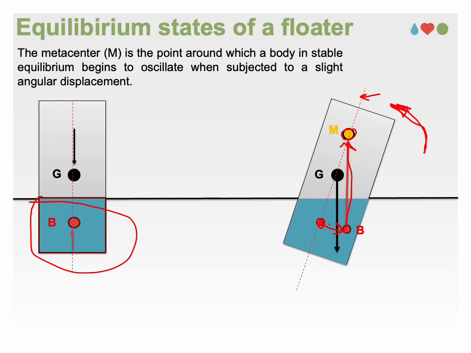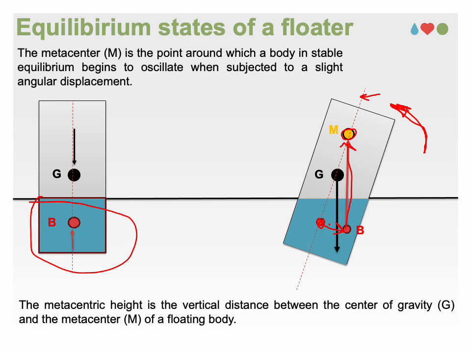To study the stability, we define the metacenter height, which is the vertical distance between the center of gravity and the metacenter of a floating body.